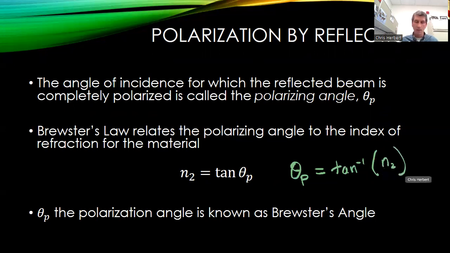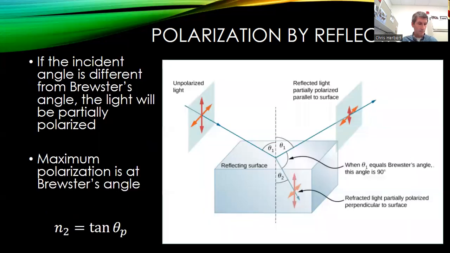We don't usually include the index of refraction of the other material because normally it's air, it's near 1. But if we were to include that, it'd be N2 over N1. N2 is the substance at which we're reflecting off of. Okay, and again, it's known as Brewster's angle or the polarization angle.